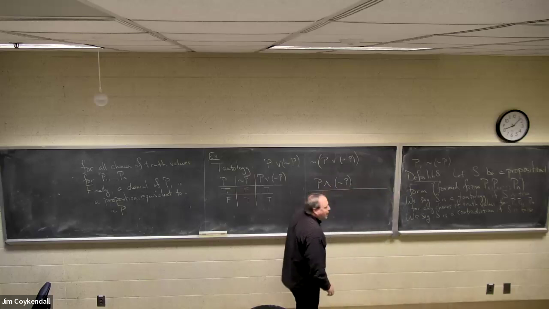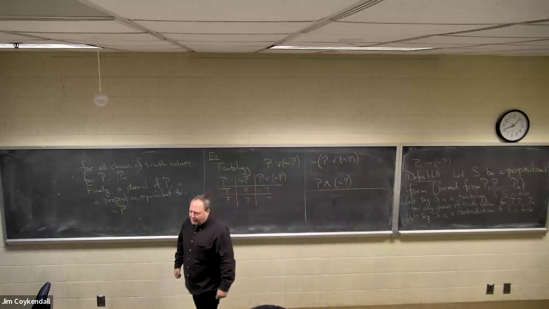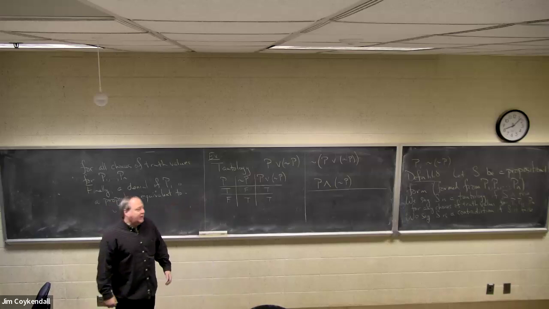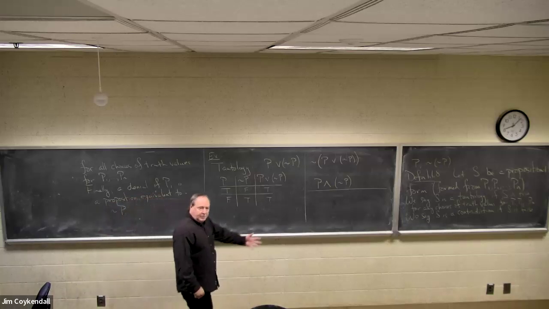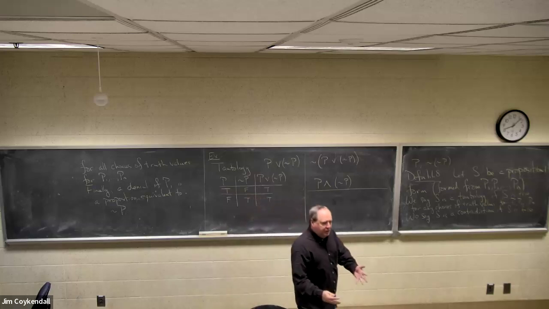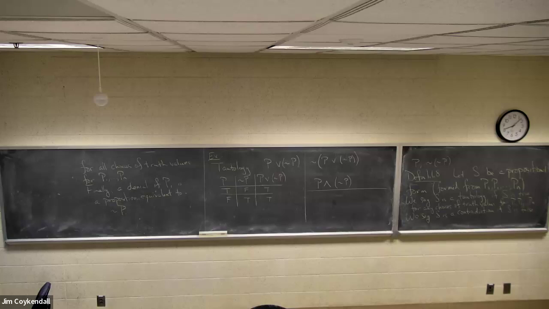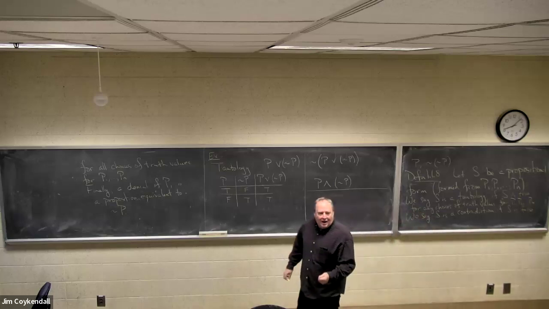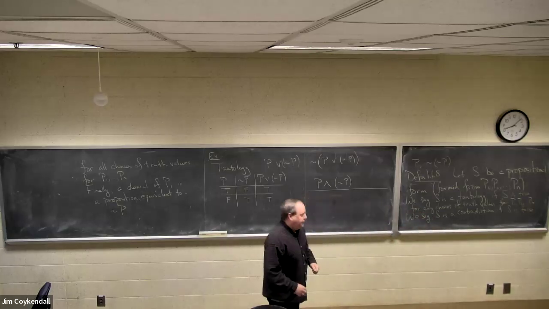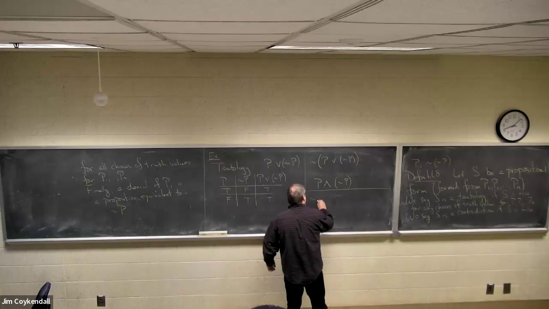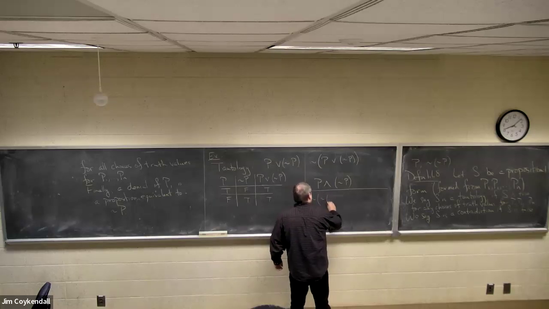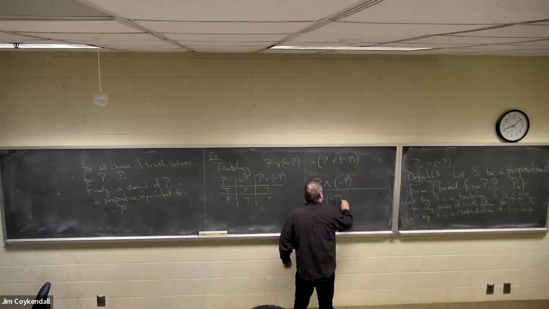Let me give you a quick example here of a denial. If I walk up to you on the street and I give you the proposition P1 and I say, give me a denial, here's an easy thing you can do: how about not P1, right? But oftentimes there are other denials. Let me give you an example of a denial of P1 that's not just not P1: not not not P1.